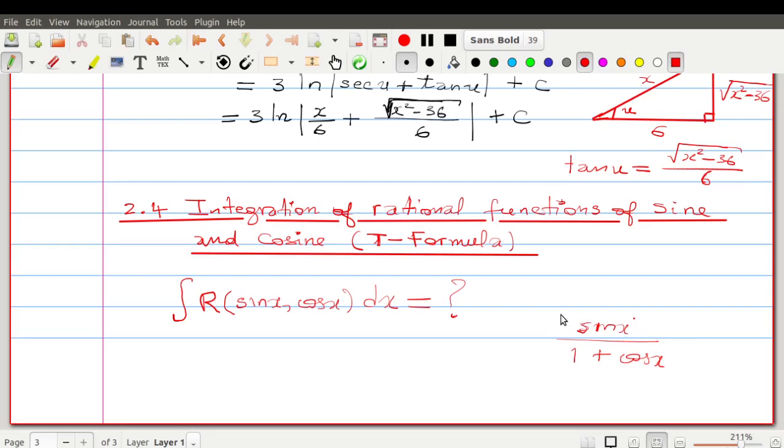So we are going to use for this type of integral what we call the Weierstrass substitution. When we say T formula, this T actually tells you that when you have a rational function of sine and cosine, you always use a T. Of course, let lower t be the substitution.